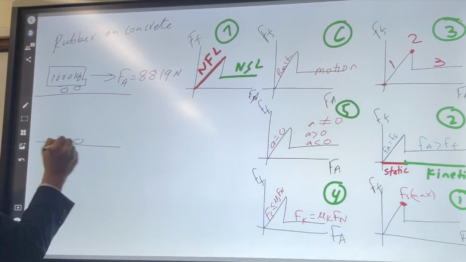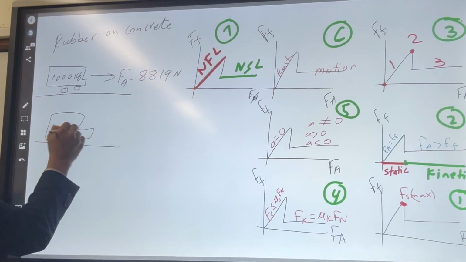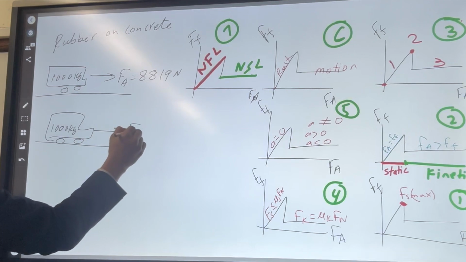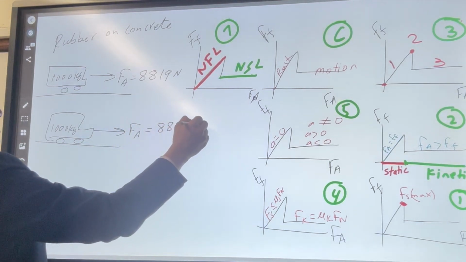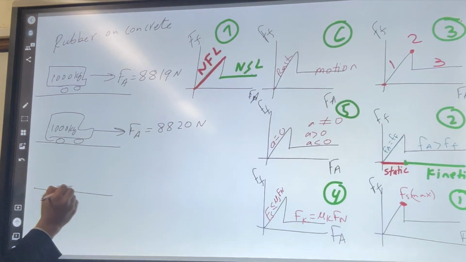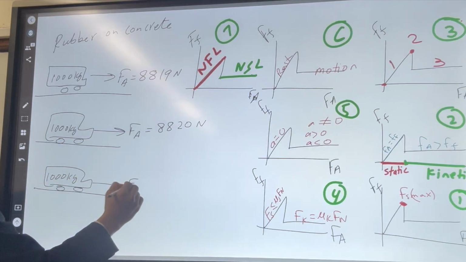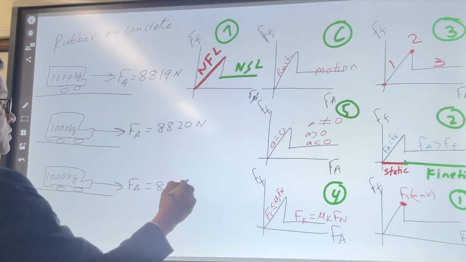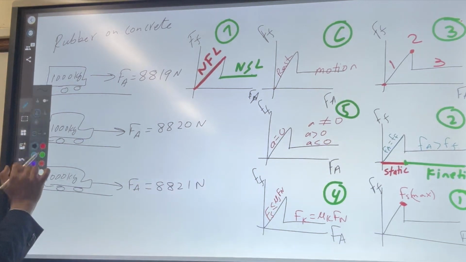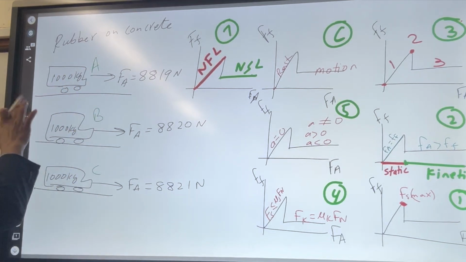This car, same mass, 1000 kilogram, applied force is 8820 Newton. This car is same mass, 1000 kilogram, applied force is 8821 Newton. Scenario A, scenario B, scenario C.